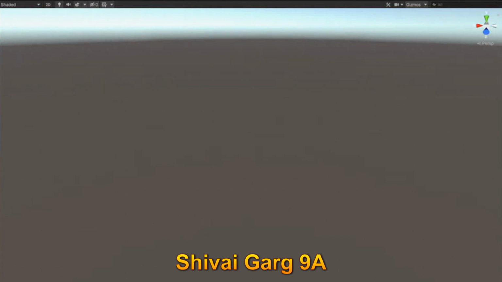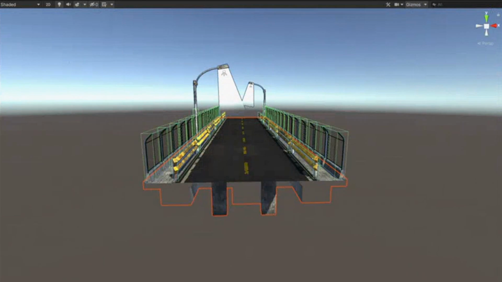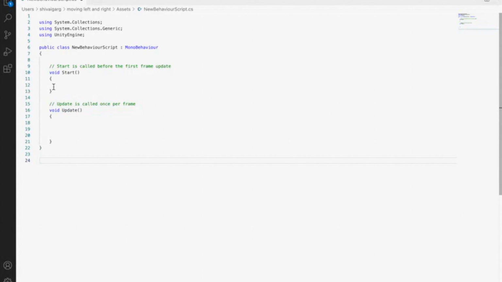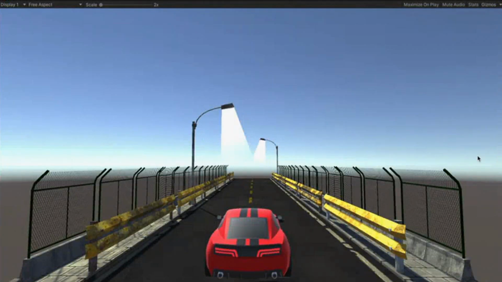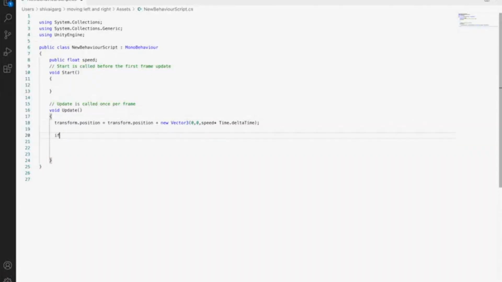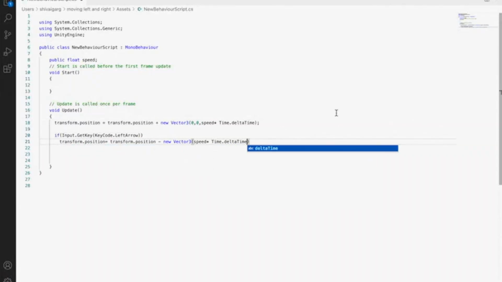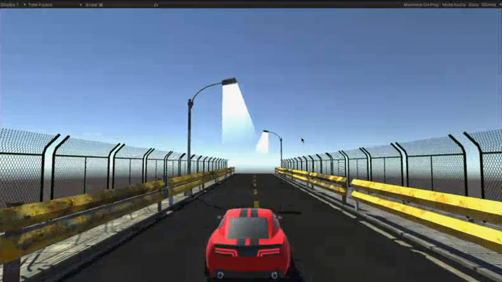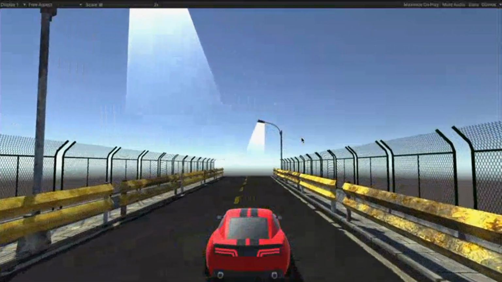In order to make the game, firstly I added a track. Then I added a car. Then I added some code so that I can make the car move forward. So now when I play the game, you can see that the car is moving forward. Then I added some more code in order to steer the car left and right. And now when I play the game, you can see that the car is moving left and right.